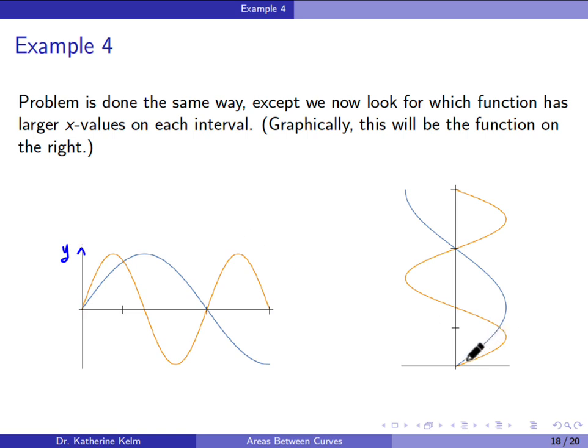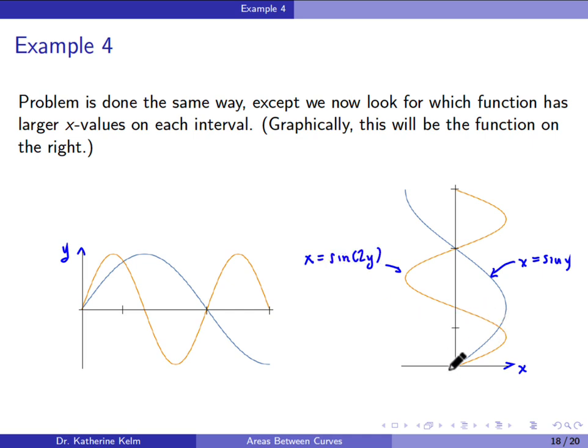Whereas when we have x as a function of y, and we're looking for which values of y have greater x values, those occur further to the right on a graph. So this is x equals sine of y. This curve is x equals sine of 2y.